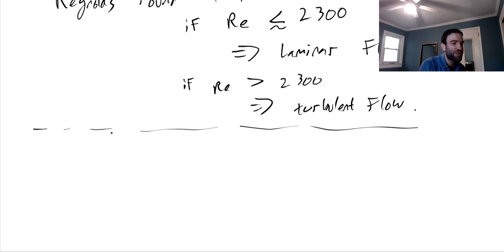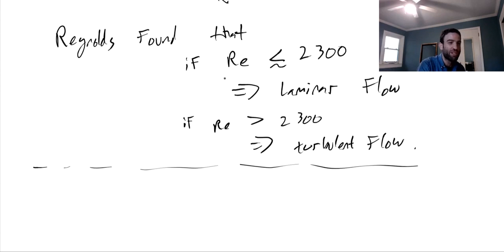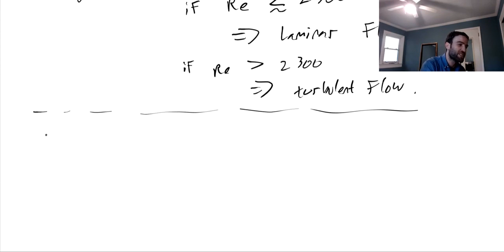Just to illustrate this transition between laminar flow and turbulent flow, it's the kind of thing you can observe just by moving a spoon through water at different speeds, right? So for instance, let's think about a spoon moving through water.